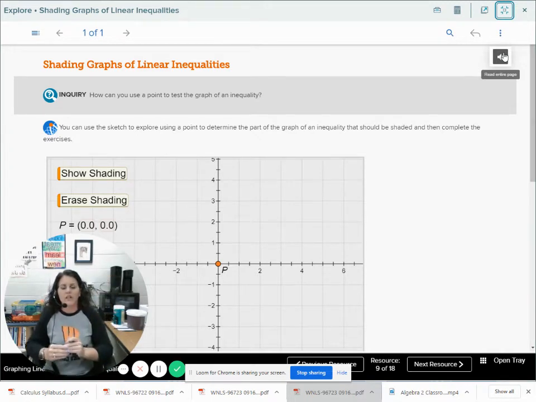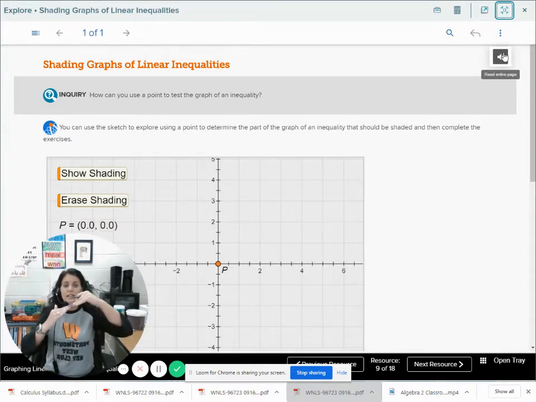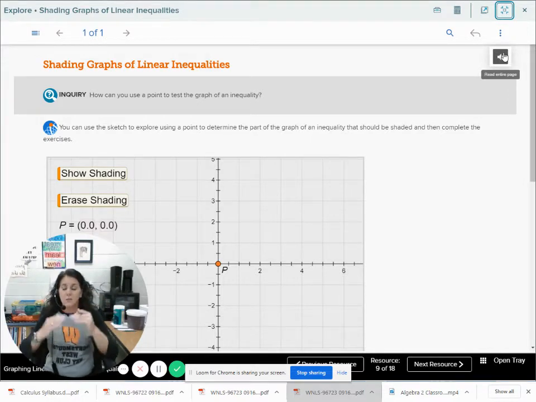Like with an inequality, if I say x is less than 2, it's everything below 2. But if I say it's less than or equal to 2, we know that that includes 2 and everything less than 2. So with the line, we're looking at, do we include that line? If it's equal to that line, then we put a solid line, and then we have to do the shading because it's everything less than or equal to that line.